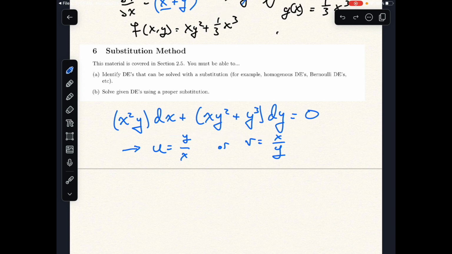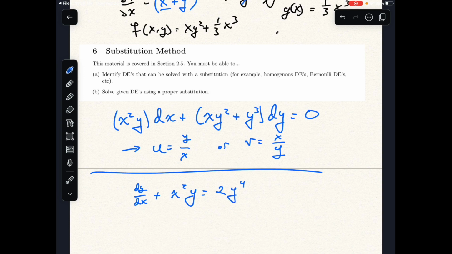That will always happen. You should also be familiar with Bernoulli's equation. That would be something that's almost first order linear. So if you have something like dy dx plus x squared y is equal to 2y to the 4th or something.